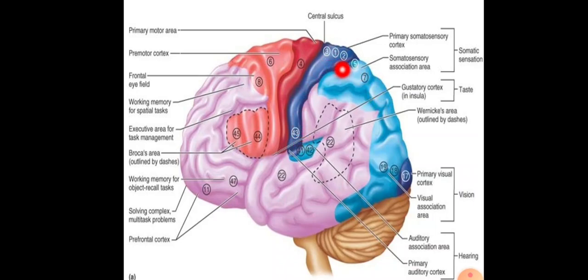Another important area we didn't describe before, this one is the somatosensory association area.